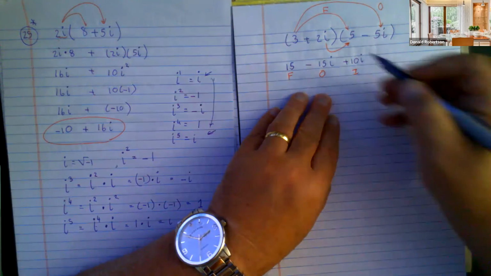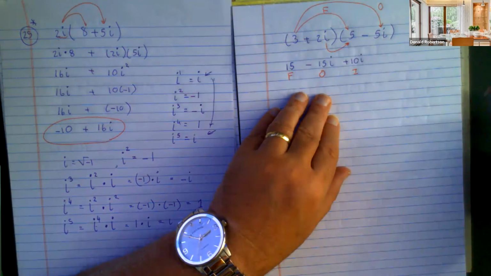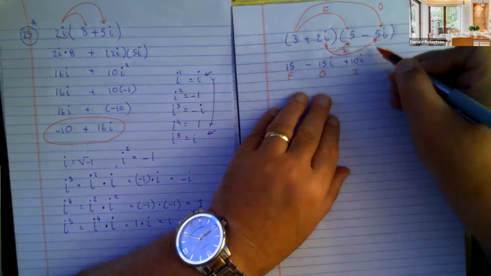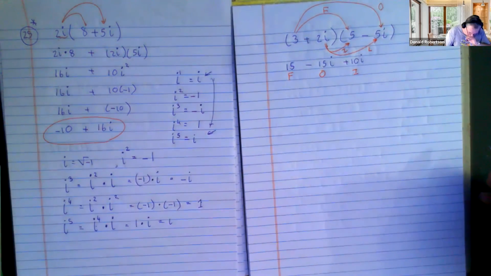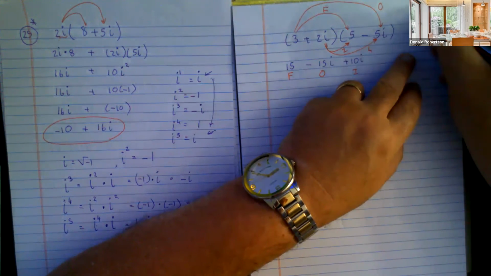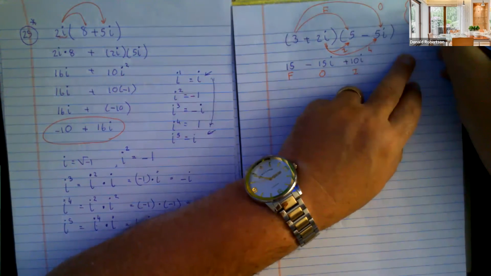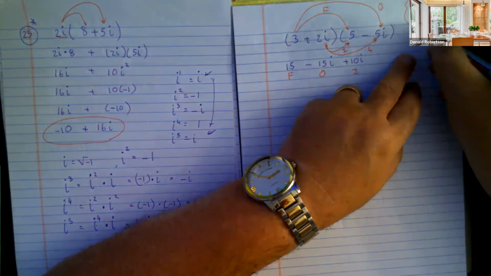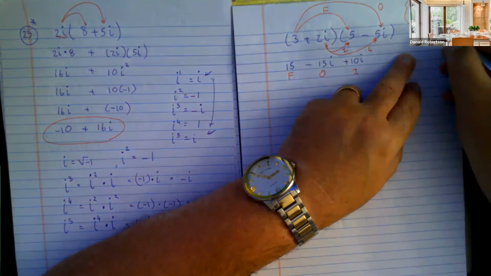And then if you do the last, you're going to do 2i times -5i. So I'm going to write that up as a little bubble of working. 2i times -5i. Well, that's -10i squared. But since i squared is -1, it's -10 times -1, and the answer is 10.